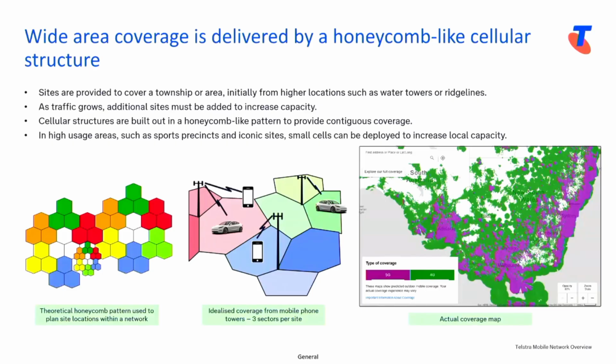One is this honeycomb pattern, which you might have seen before. This is typically used for laying out sites on a grid. The reason for it is the 3-sector site: antennas have a half power beam width of around 65 degrees, so at 120 degrees you're about 10 dB down.